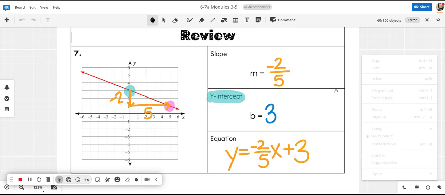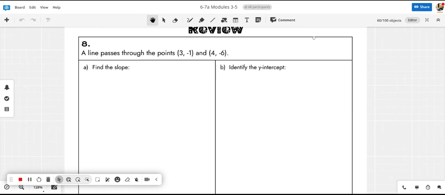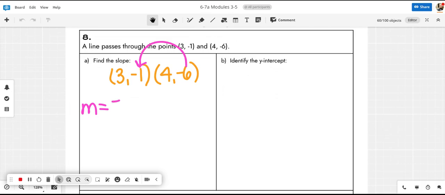Okay. Last question. This time, we are given 2 sets of coordinates, and we need to find the slope, the y-intercept, and then write the equation. So first things first, I'm going to rewrite my coordinates. Okay. In my numerator, we always start with our y's. I want my change in y. So I'm going to do negative 6 minus negative 1.